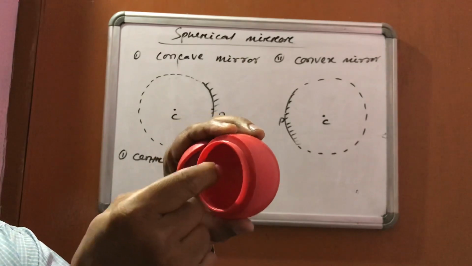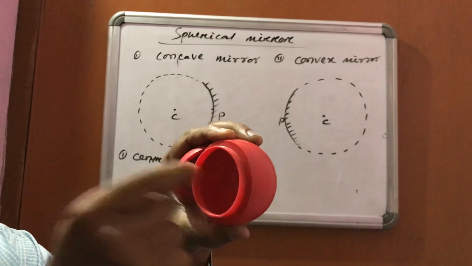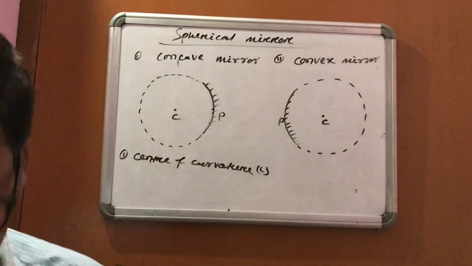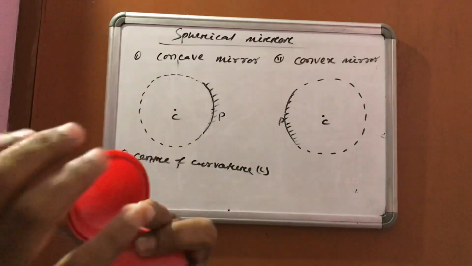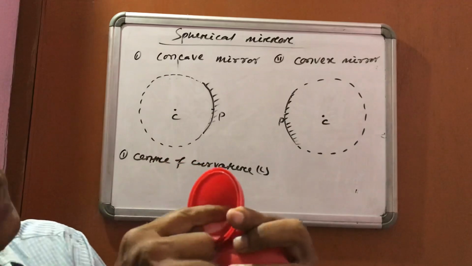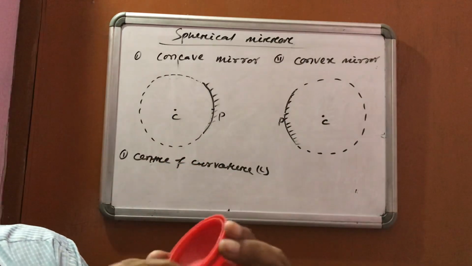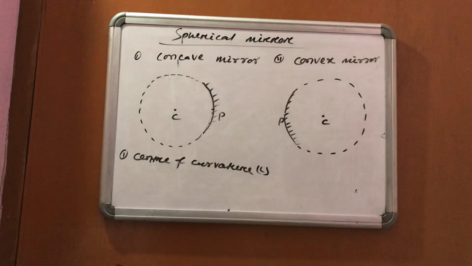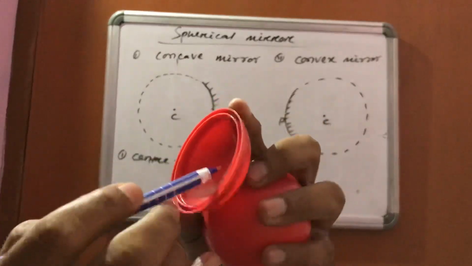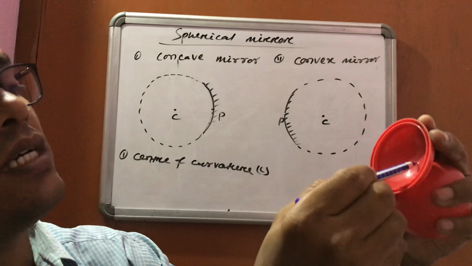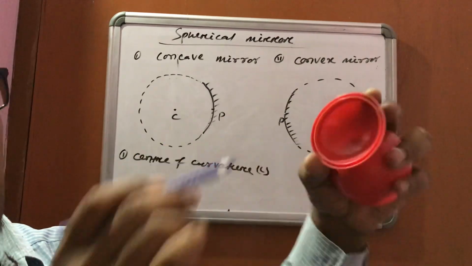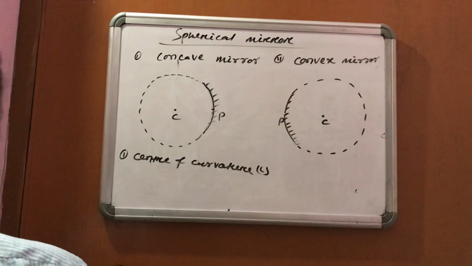So this is the center of curvature, whereas the center of this part of the mirror is known as the pole. You can see there is a small point here. This point is the pole of this mirror.